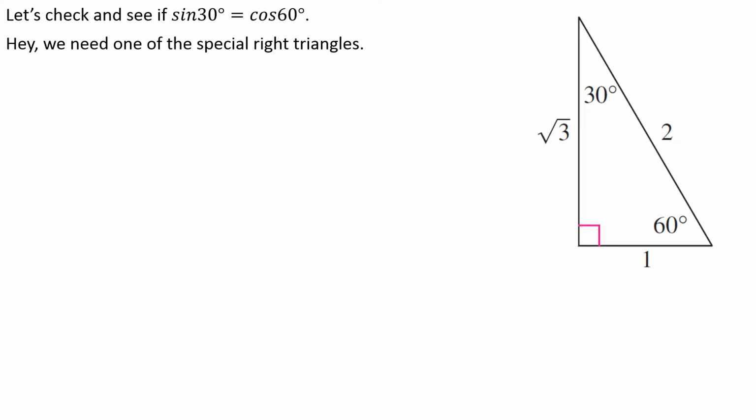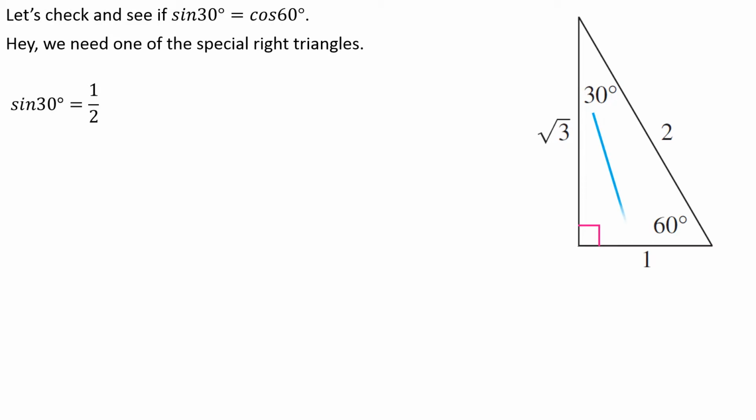The long leg is root 3. Of course, the short leg of 1 has to be across from the smallest angle, which is 30 degrees. And then the longer leg, root 3, has to be across from the larger acute angle, which is 60 degrees. Of course, the largest side, the hypotenuse, always has to be across from the right angle.